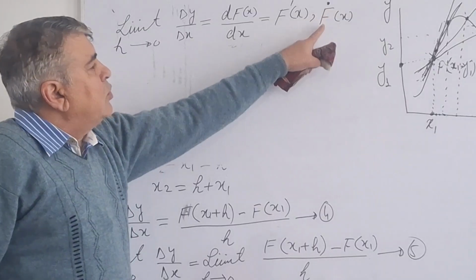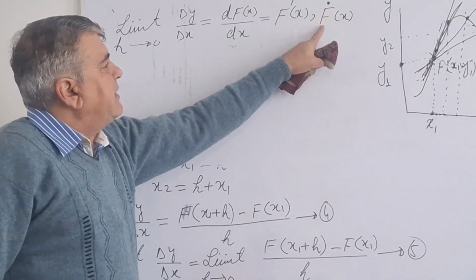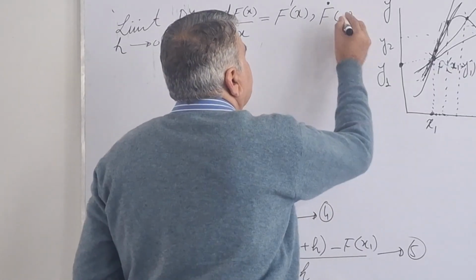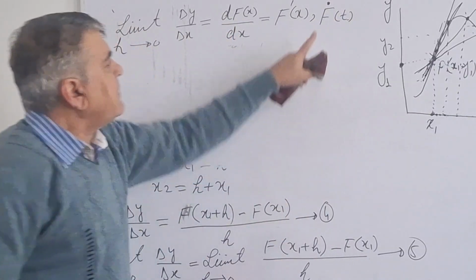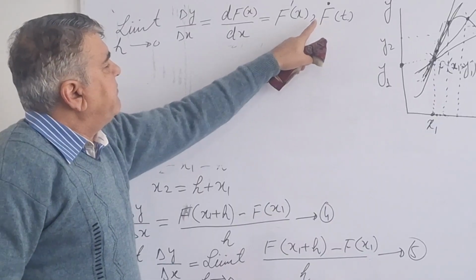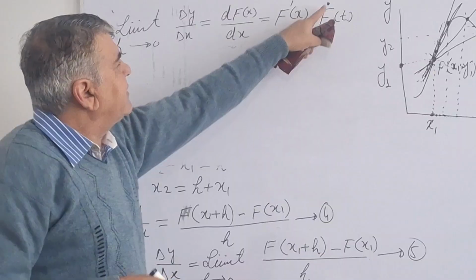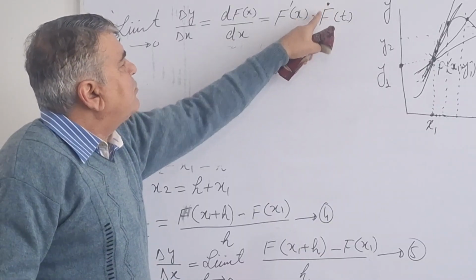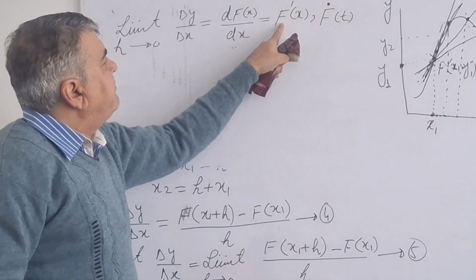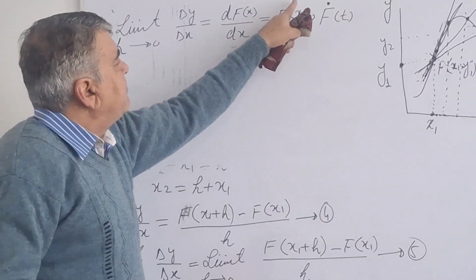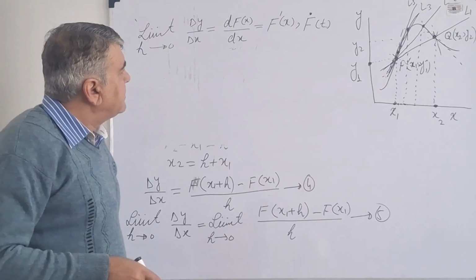So a dot over a function would represent the derivative with respect to time, or I would then write this as f of t. So the derivative of a function with respect to time is generally written by putting a dot over the function, and the derivative of a function with respect to position is written by putting a prime over it.